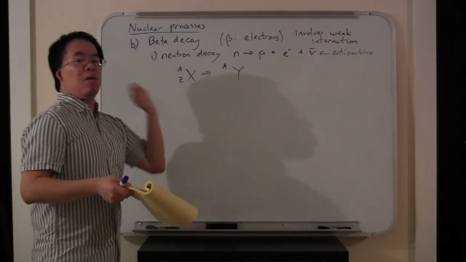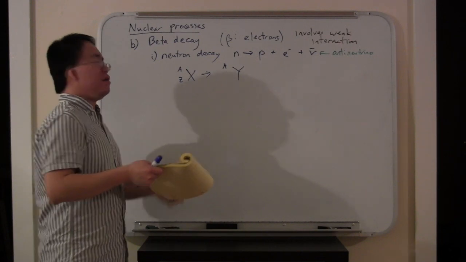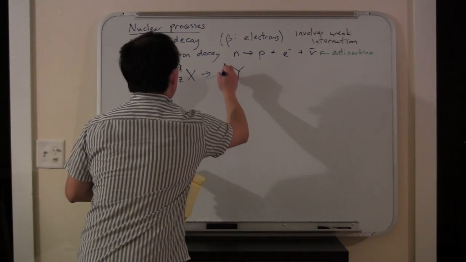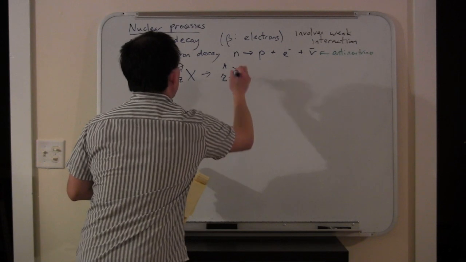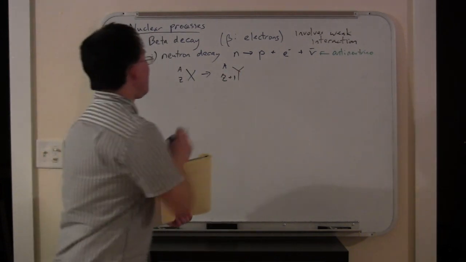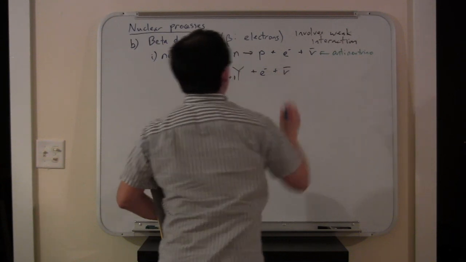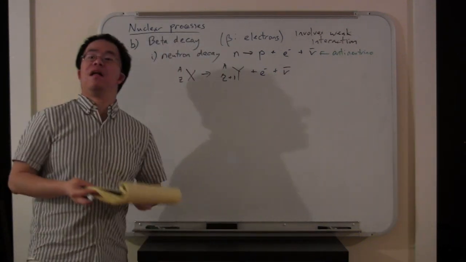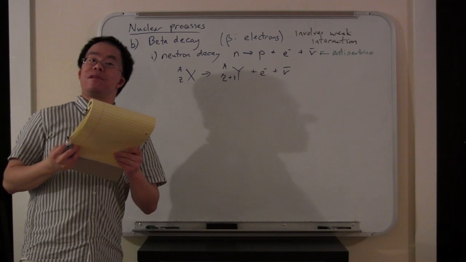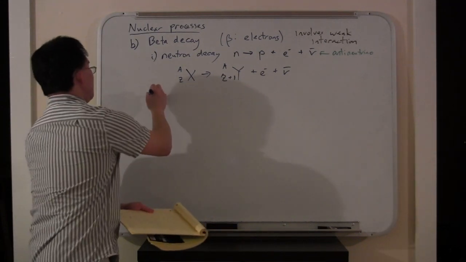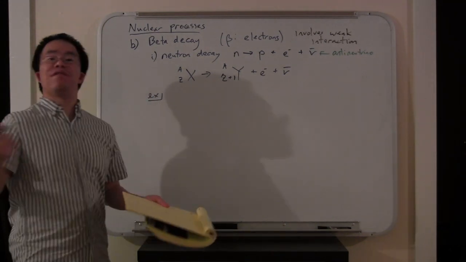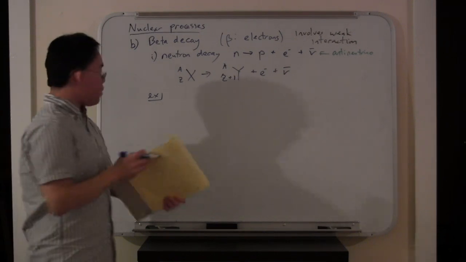However, because we go up in protons, the atomic number goes up by 1. And then we get our electron and our anti-neutrino. A good real-world example of this is the decay of carbon-14.